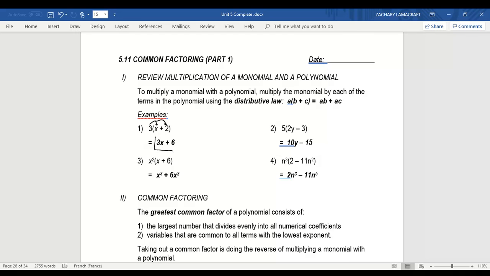So our answer being 3x plus 6. If we look at our next example, 5 times 2y would be 10y, and 5 times negative 3 is negative 15, giving us the answer of 10y minus 15.